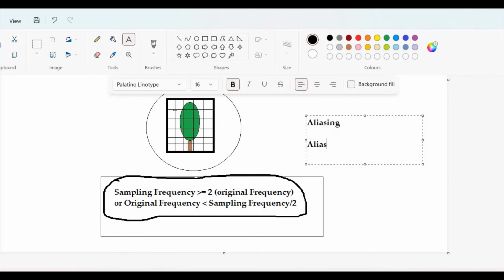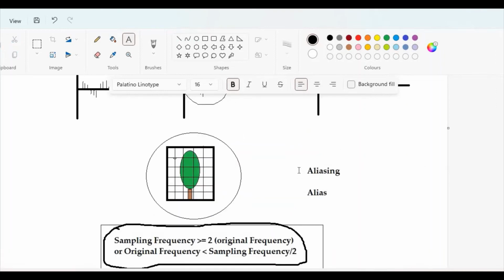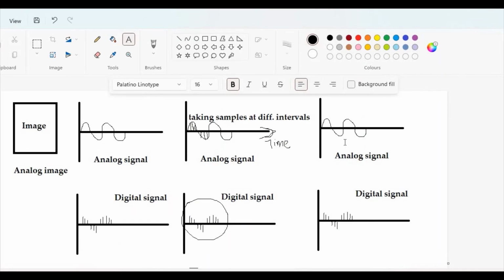What I mean here is that you have a frequency in the continuous signal, right? When you convert it into a digital signal, the same frequency is distorted and it appears as many frequencies.